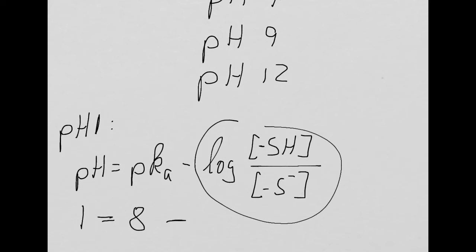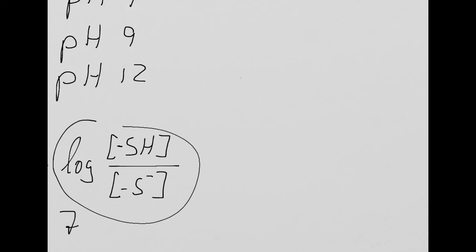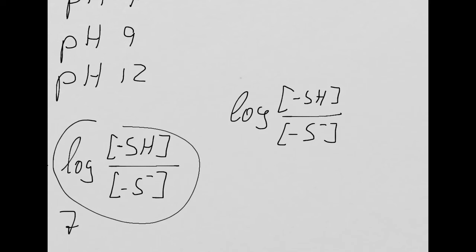You don't need a calculator. 8 minus 7. So log SH over S minus is 7.